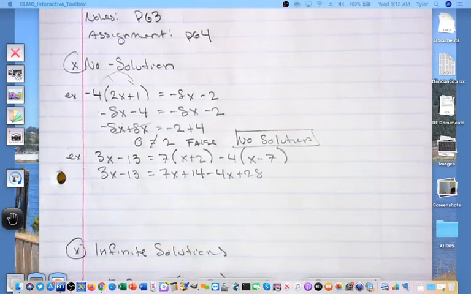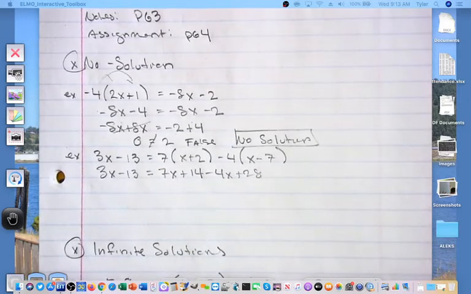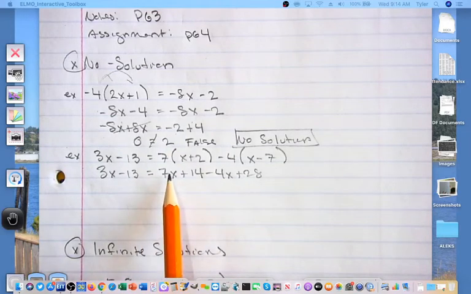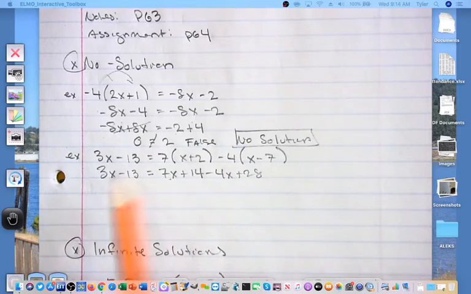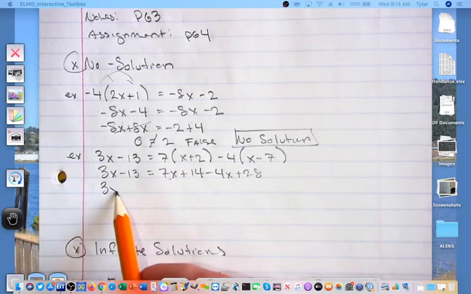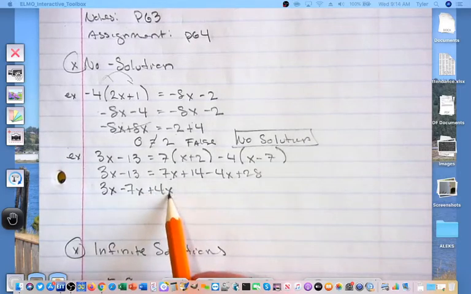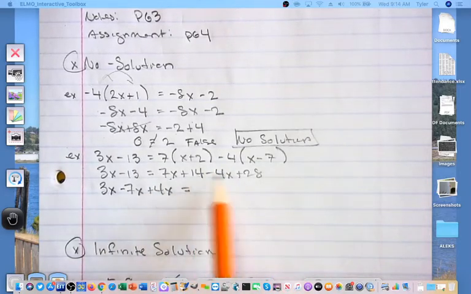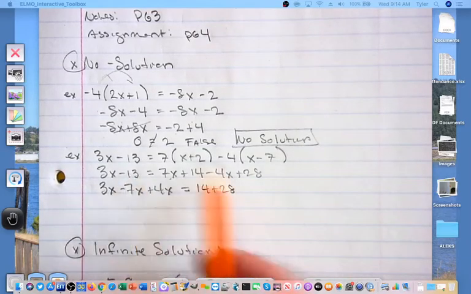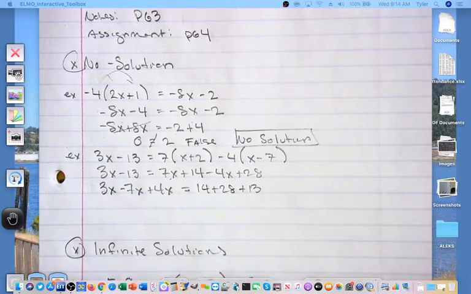Because I still can't quite tell that I have no solution, I'm going to go ahead and collect all my variables on the left and put my constants on the right, moving the 7x to the left and the negative 4x to the left. That's 3x minus 7x plus 4x equal to, my 14 and my 28 are still here, and I add 13 to the right side. Let's simplify and see what happens.